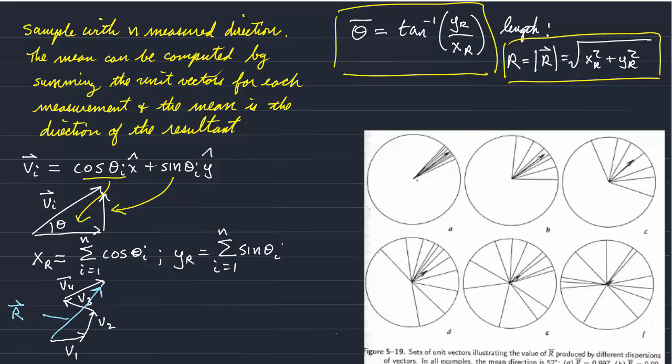And in a case when all the individual measurements are closely directed, then the resultant vector, this is just the direction of the resultant vector, is in the middle of those, and it's also relatively long. And what's being plotted here is actually the normalized length, which is the total length divided by n.